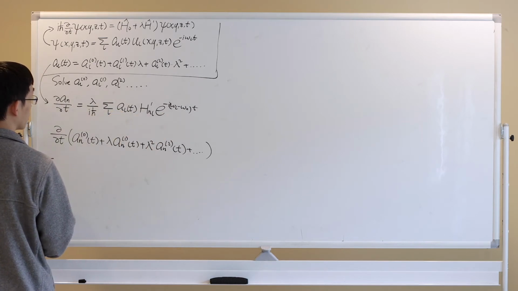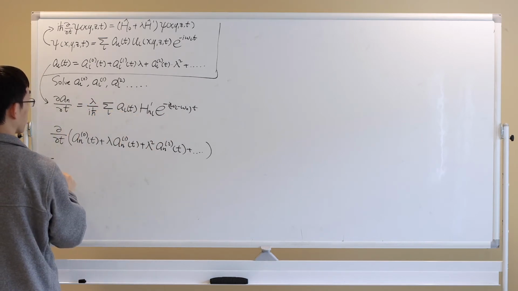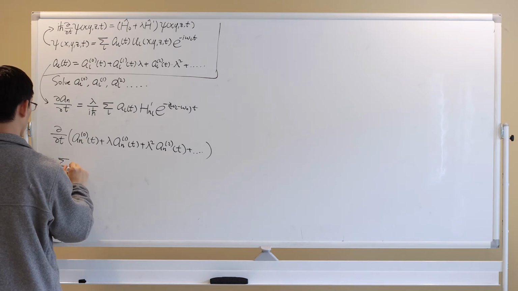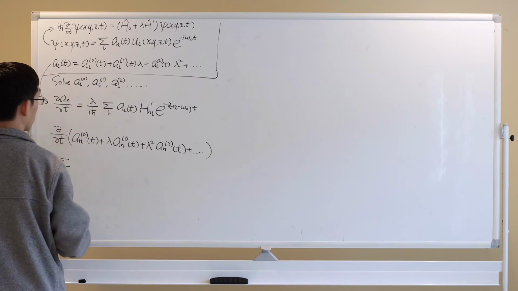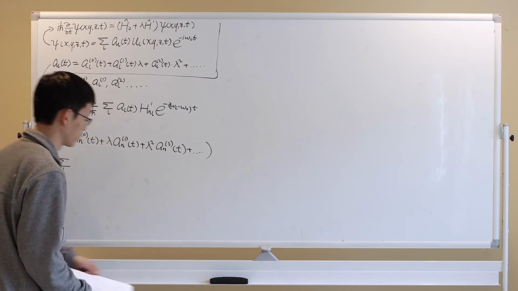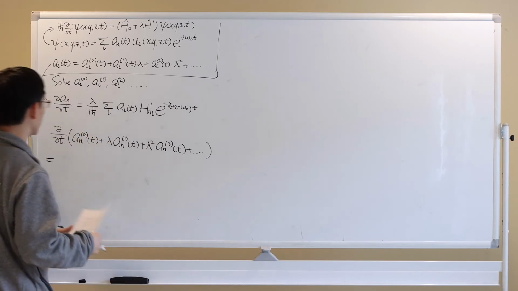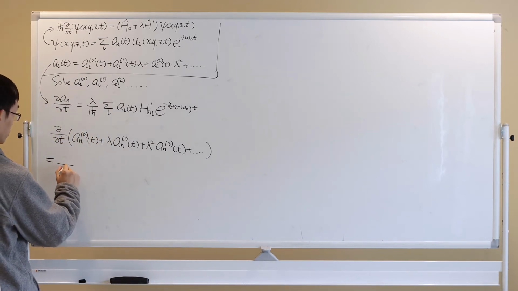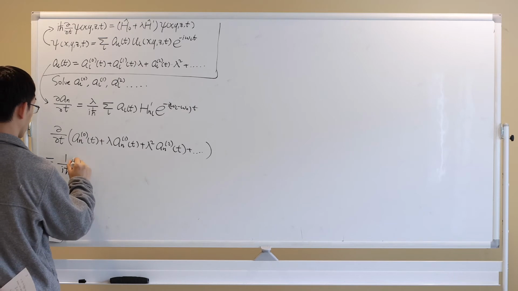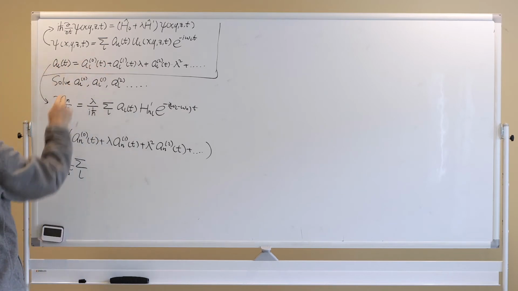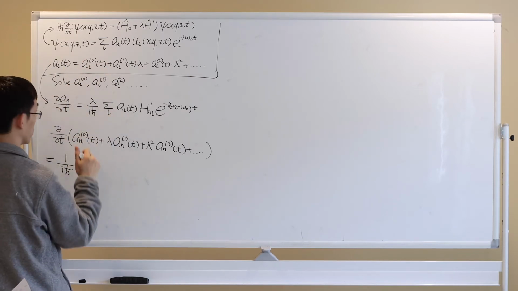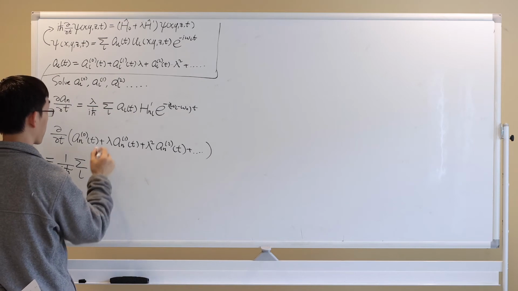That is, we keep the sum over l, and then let's put iħ in the beginning, iħ here, sum over l, and then you plug in a_l into here, so I have λ.